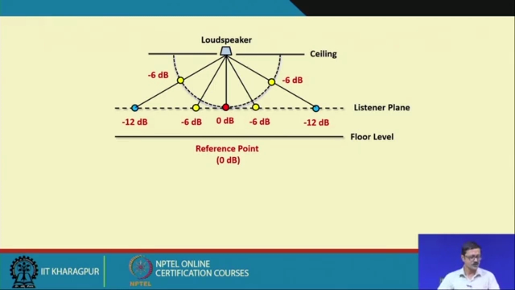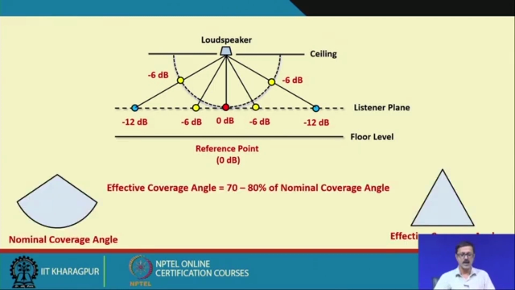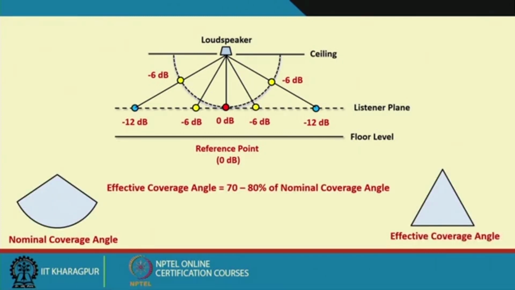By virtue of this, if you go with a conical dispersion, you will get two such angles. One is this angle, which comes under the conical dispersion, and one is the triangular or linear dispersion, which is this angle.